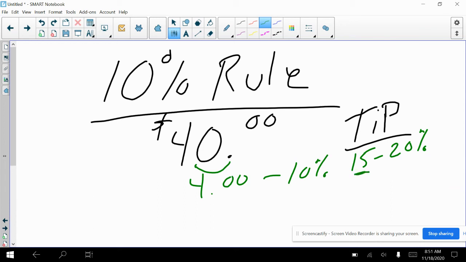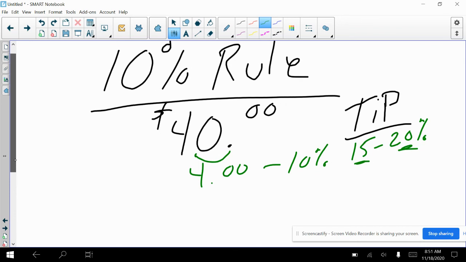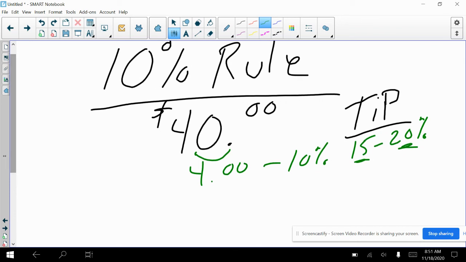Now, we talked about 15. We'll get into 15% in a minute, but let's just talk about 20%. What am I going to have to do again? No, I'm not moving it again. I've already found 10%. If I want to leave a 20% tip, you can multiply it by 2. That's fine. Or you can just tack on another. It's the same thing.